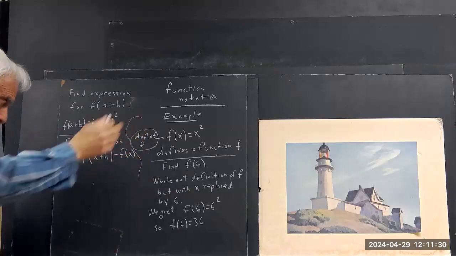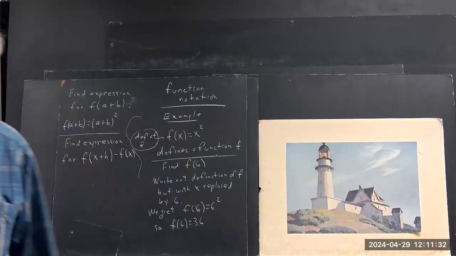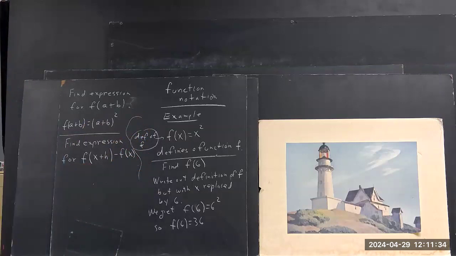Okay, now I'm pushing you a little bit, but you're doing really well. So let's see. Can you find an expression for this? Carefully using the definition for every expression.